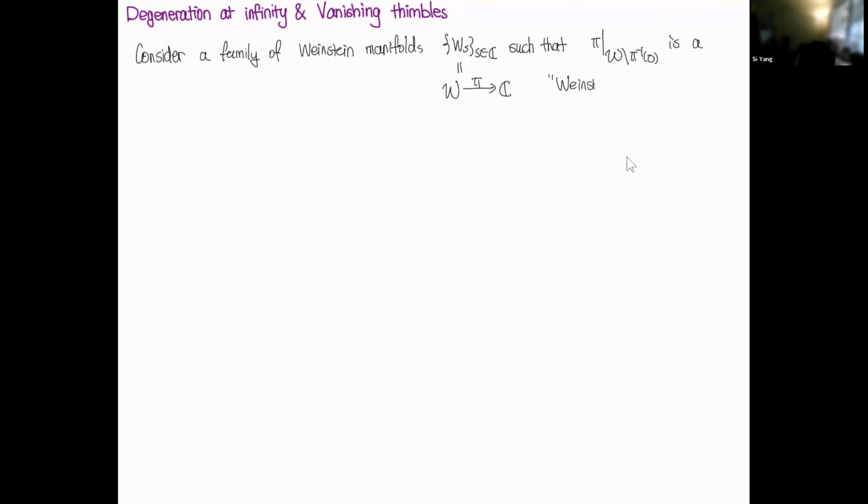And we want to preserve the handle structure, so we say that this is a Weinstein fibration over C star. So the only possibly problematic part is at the preimage of zero, and π inverse of 0 is smooth, or say π has no critical points.